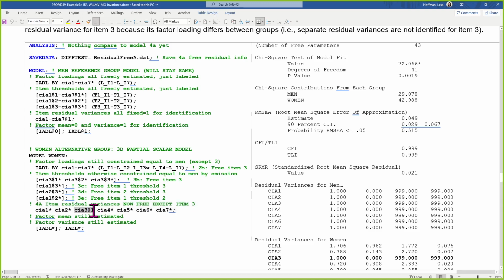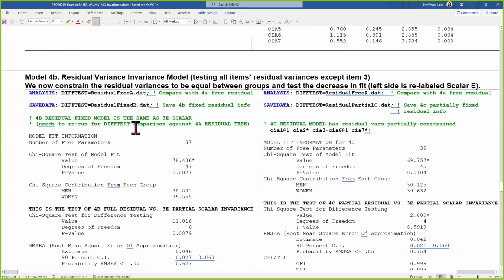So the @1 holds the residual variance equal to 1 in the alternative group because for item 3, its loading and all 3 thresholds were different, and so that item's residual variance is not separately identified, but it is for all of the others. So we estimate this model just to get the chi-square for it to be used as a comparison. Then we go back to re-estimating the model that we had before for scalar.